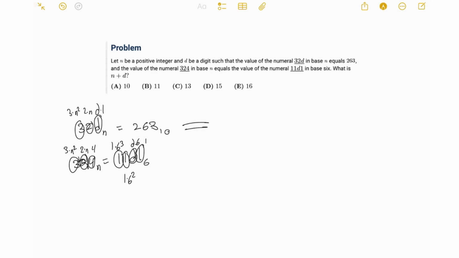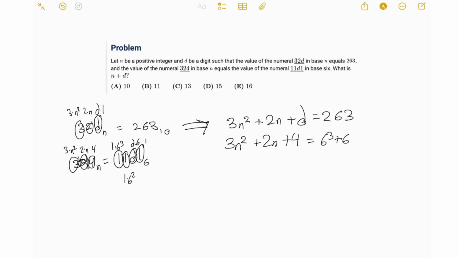So we get that 3n squared plus 2n plus d is equal to 263. And 3n squared plus 2n plus 4 is equal to 6 cubed plus 6 squared plus 6d plus 1.